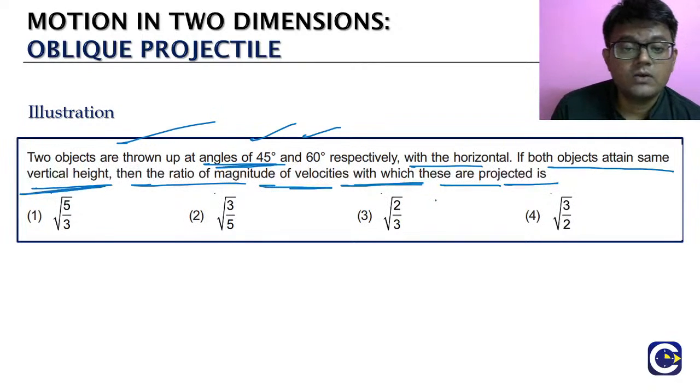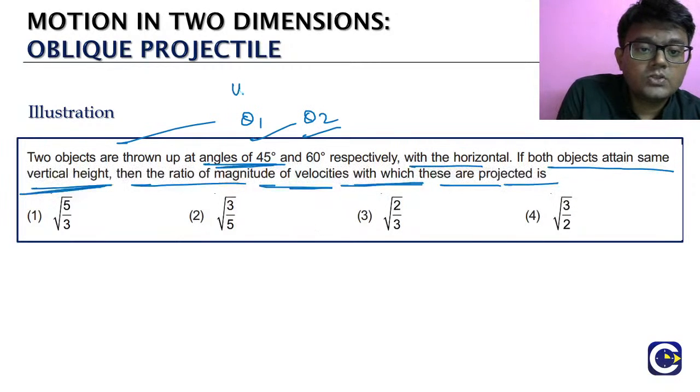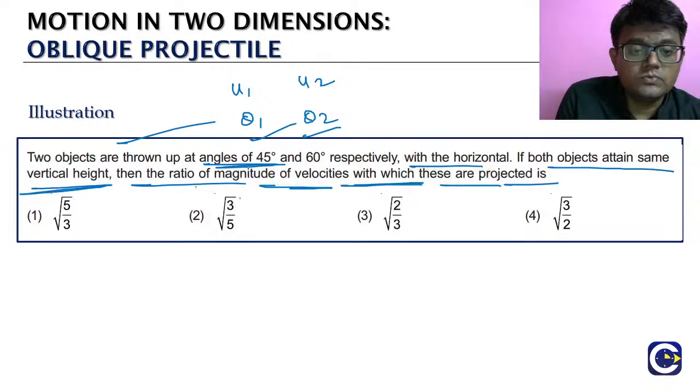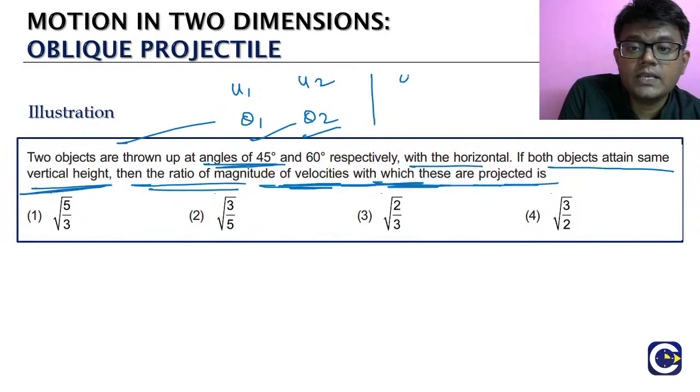So what should we calculate? Let's say the first object's angle is theta 1, the second object's angle is theta 2. So its velocity is u1, and this one's velocity is u2. So what are they asking? The ratio of magnitudes of velocity with which these objects are projected. They are asking for the value of u1 by u2.